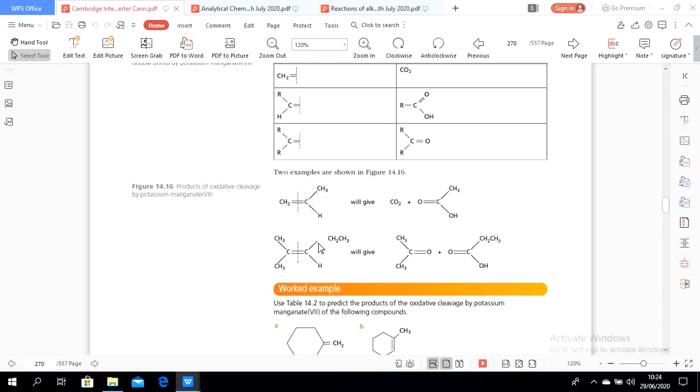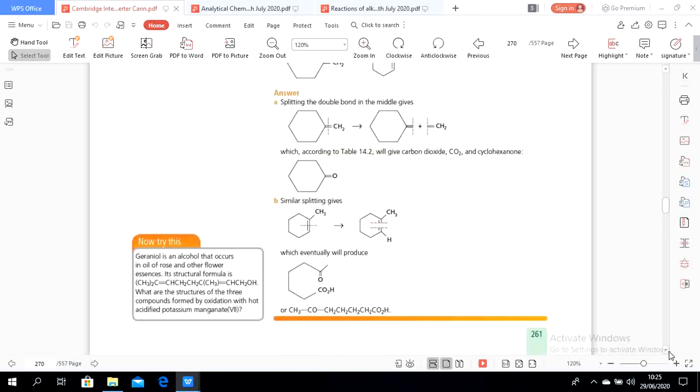And in here there is one alkyl group and one hydrogen, so this carbon will become a carboxylic acid. So this is all called hydrolysis, breaking the alkene into two different molecules with different functional groups.